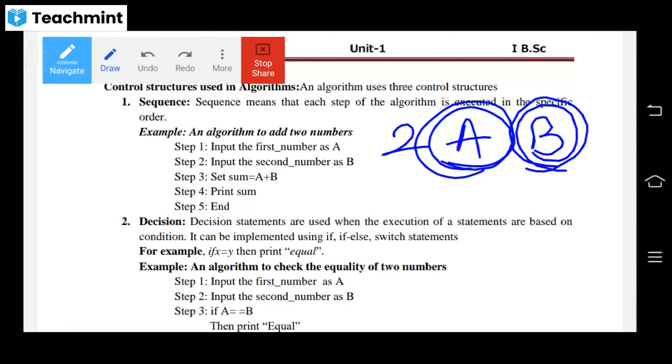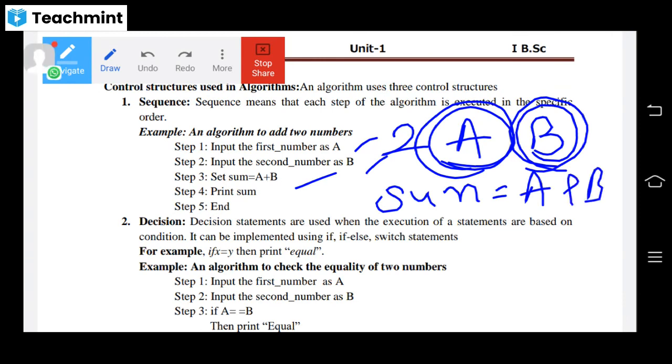See here, A and B are the declarations. We input the first number as A, input the second number as B. In the logical processing, where the calculation is presented, that step we call the logical processing. Here sum equal to a plus b, these are the variables related to the two values.